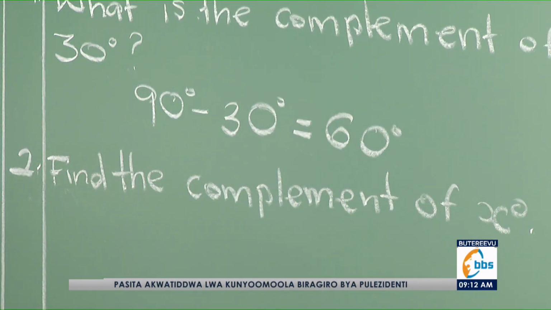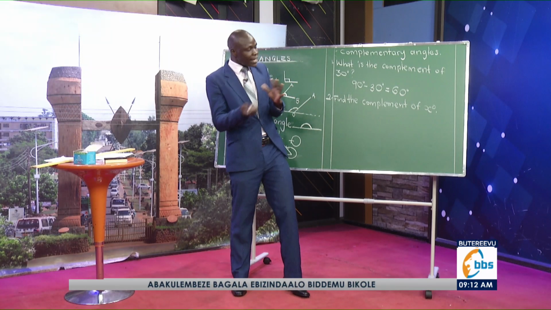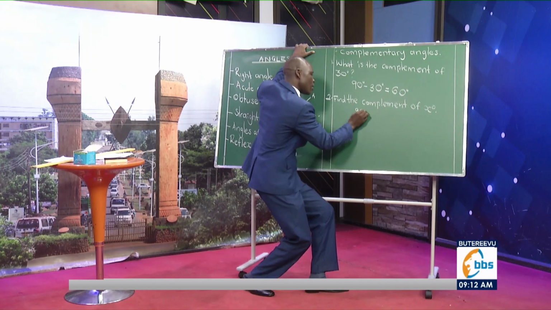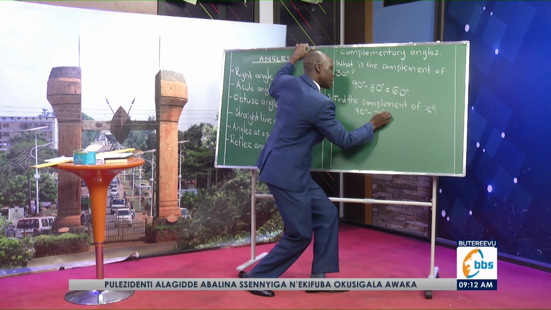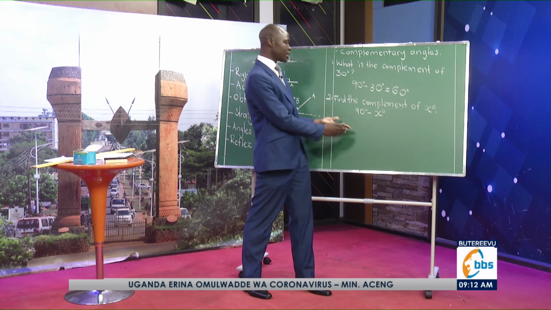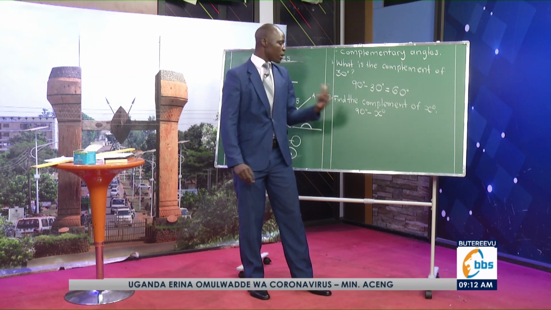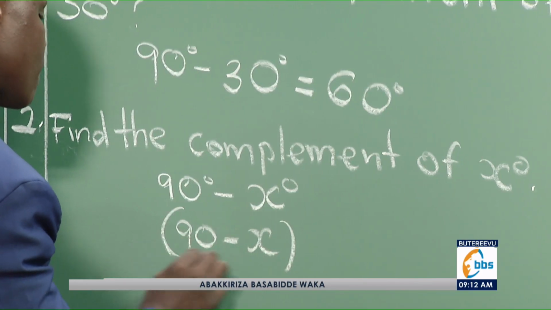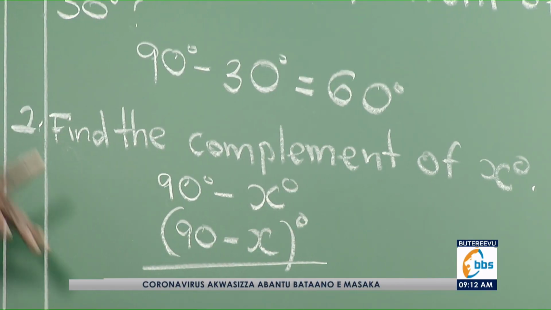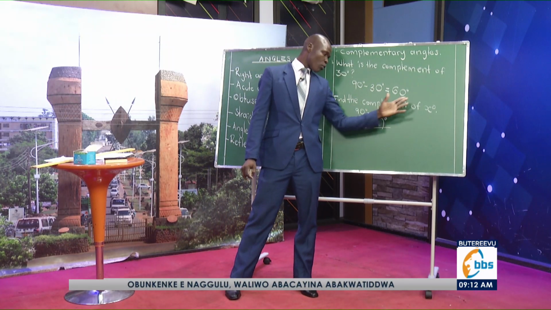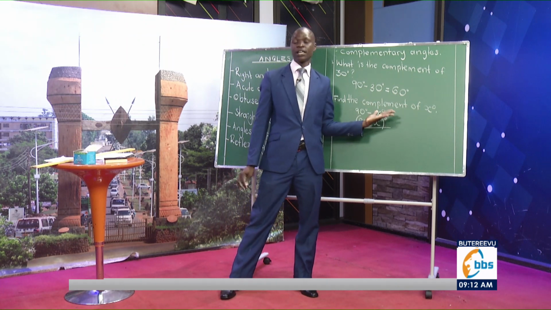But to find the complement of x degrees, since each angle is a complement of the other, we can just get the 90 degrees and take away that angle. So 90 degrees minus x degrees, we shall get the complement of x degrees. It can be written as 90 minus x degrees. Therefore, the complement of x degrees is 90 minus x degrees.